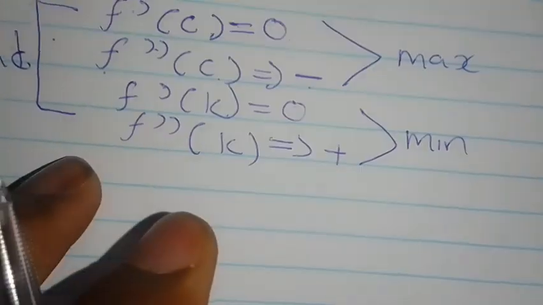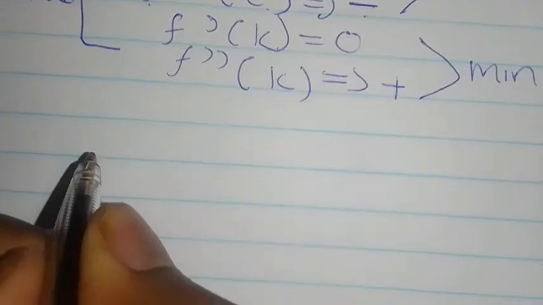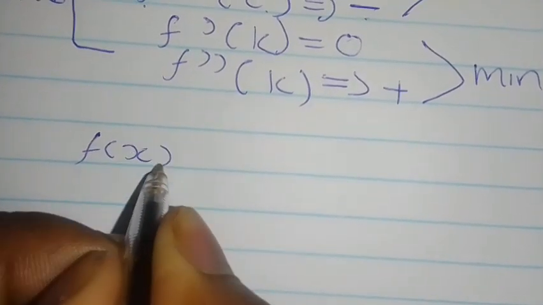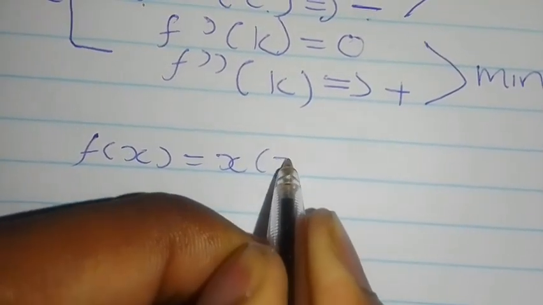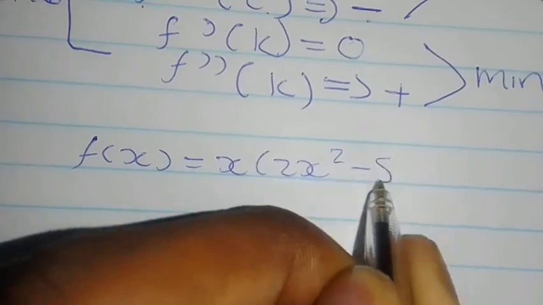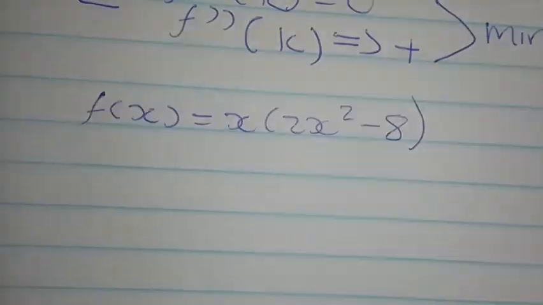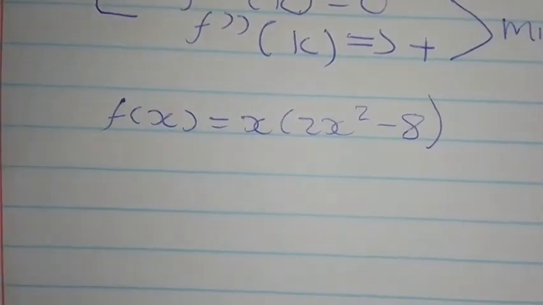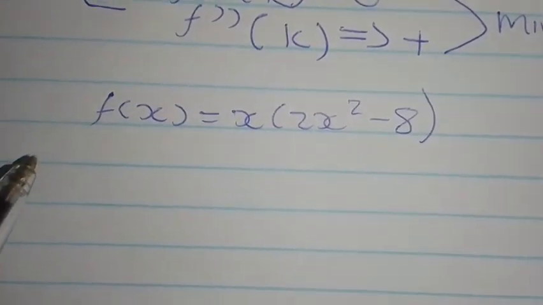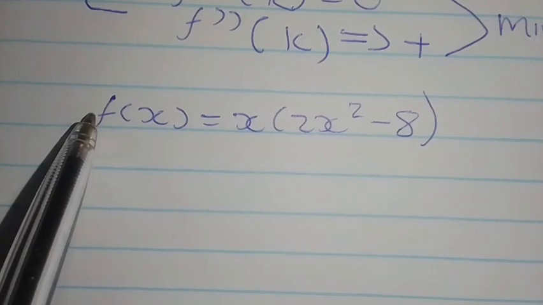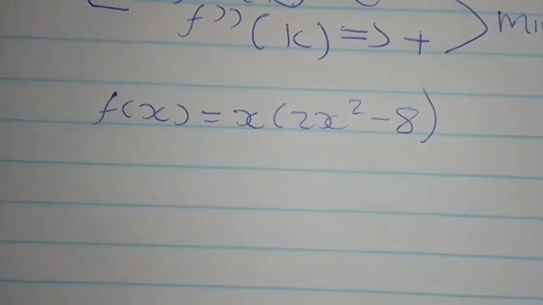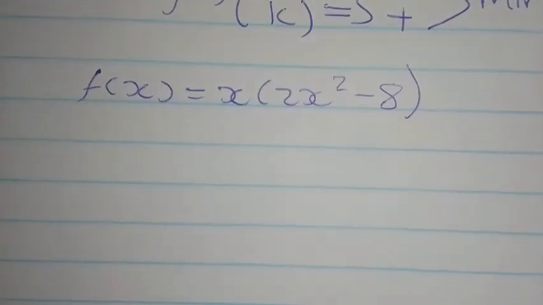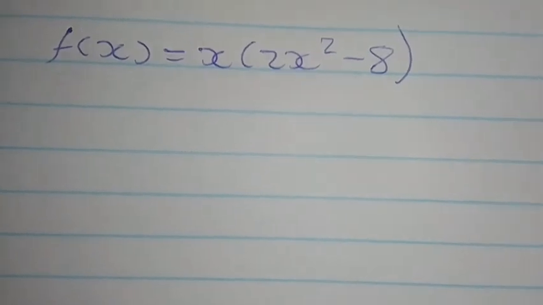Now suppose we have a function defined by the equation f of x equals x times (2x squared minus 8). What are the values of x where the function is increasing or decreasing, and also find the local maximum or local minimum turning points for this function?